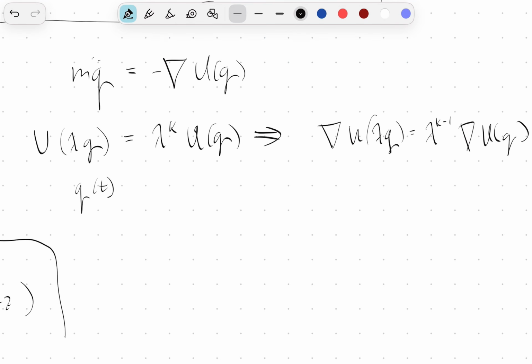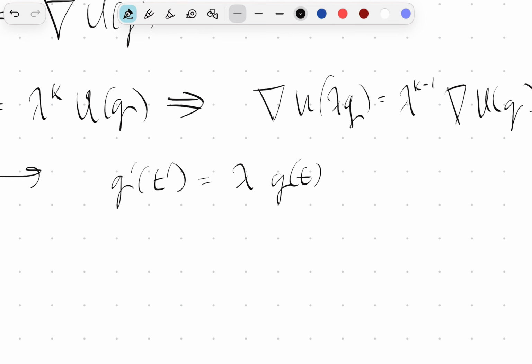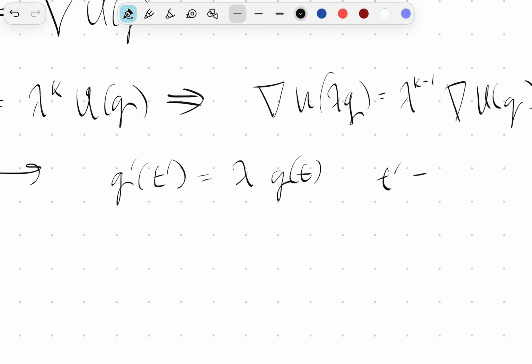What we can do is rescale the trajectory. So q prime(t prime) should be equivalent to this scaling parameter, lambda, times q(t), and t prime should be some mu times t.